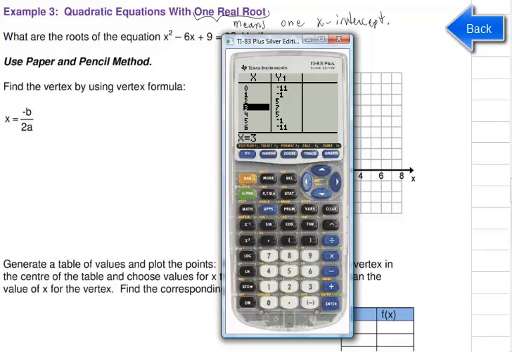So the first thing that you want to do is to come up with your vertex, and we're going to use our vertex formula for that. We want to put it in the middle of our table, and then we want to pick some values for x that are smaller than the x value of our vertex. So on here, our x value for our vertex is at 3, so the numbers smaller, I'm going to pick 2, 1, and 0.